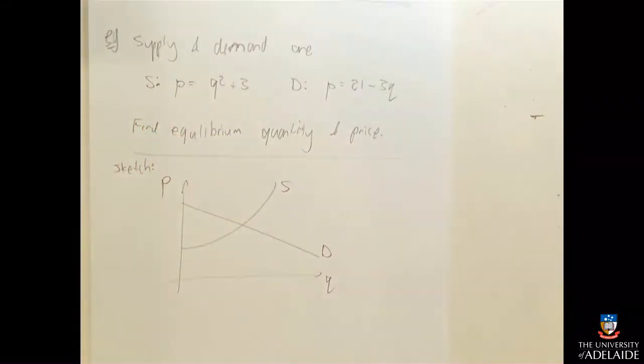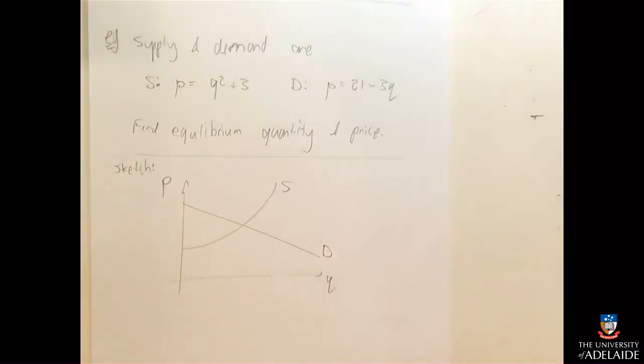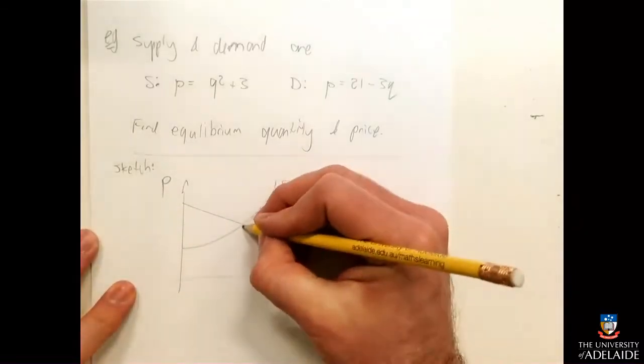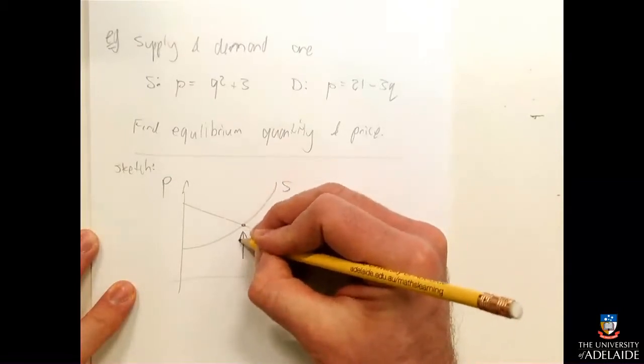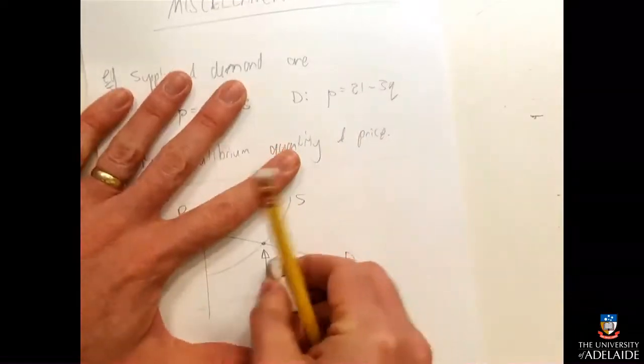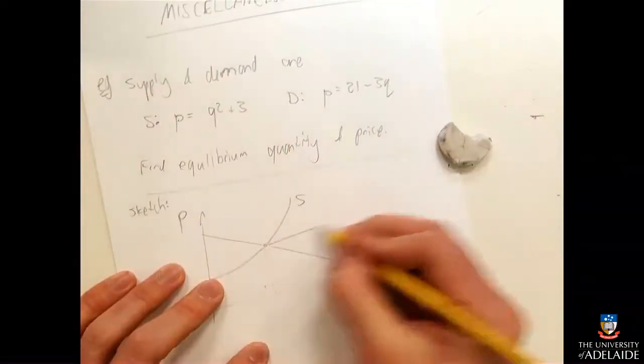And that's fitting what I would normally expect to be true about supply and demand. Supply price tends to go up this way and demand tends to go down, so that's good, and I expect them to meet just here, and that there is the equilibrium. Oh, and do you know what? I'm not going to write it there. I'm going to write it here.